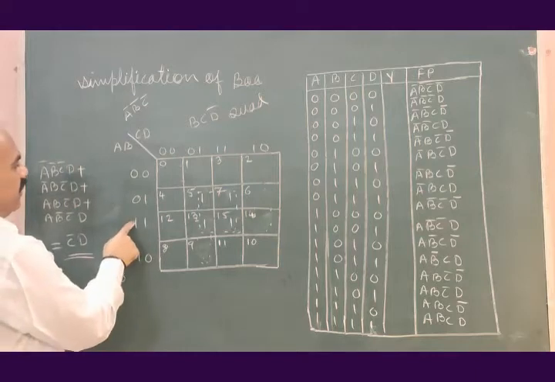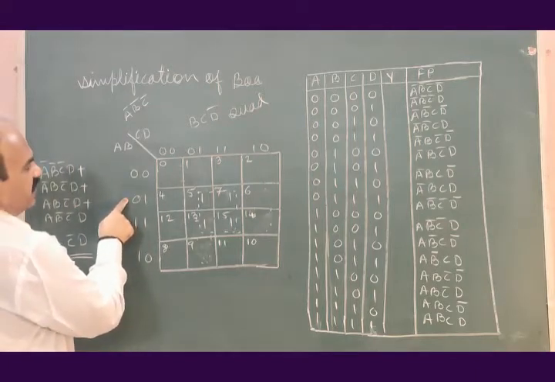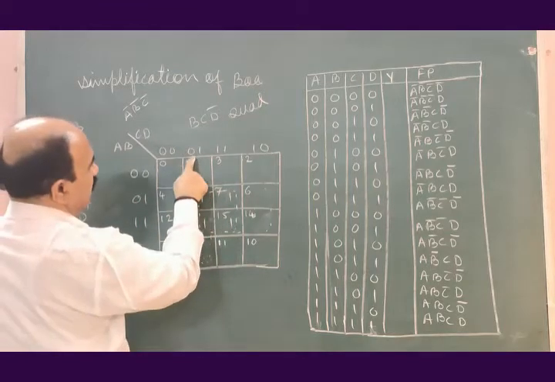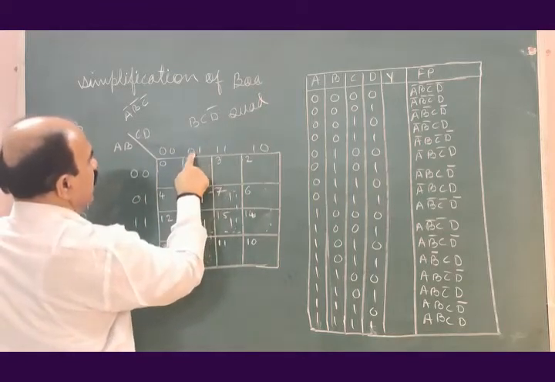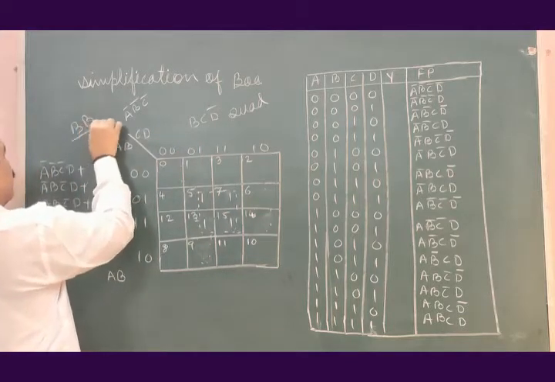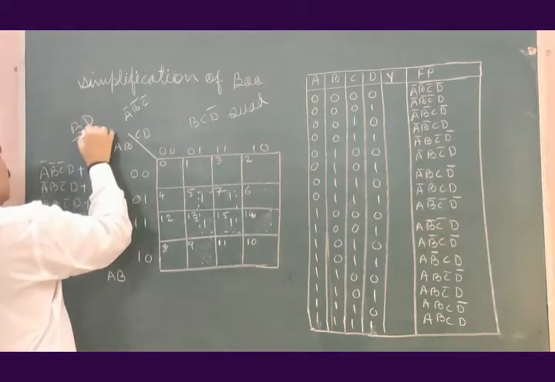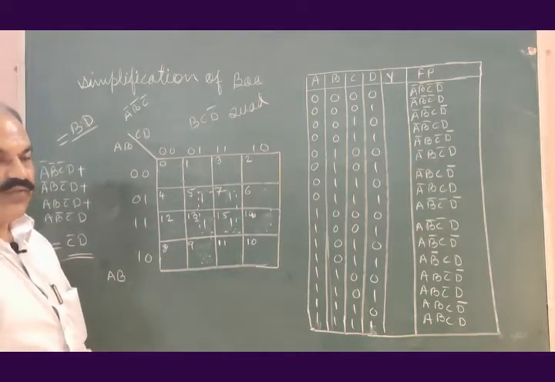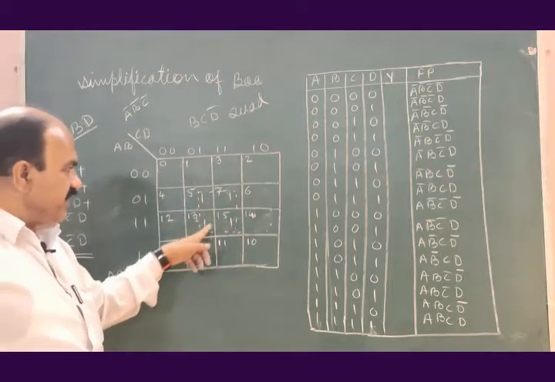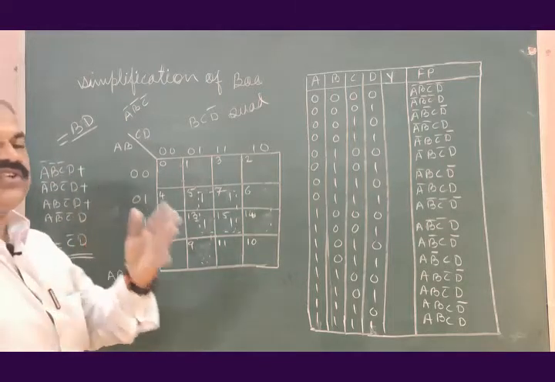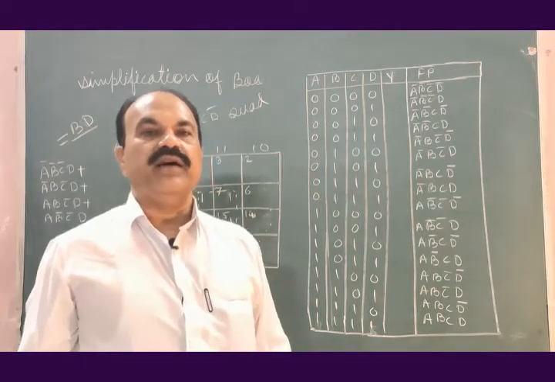What will happen? A will go away and change form, only B is left. What will happen as we move from this cell to this cell? C is changing form, D remains the same. This will be the only equation for this quad. If we write the equation for this one, this one, this one, this one, it will be of this form with different fundamental products, and therefore it is necessary to form a quad.